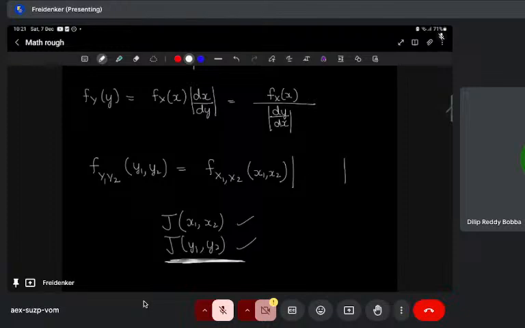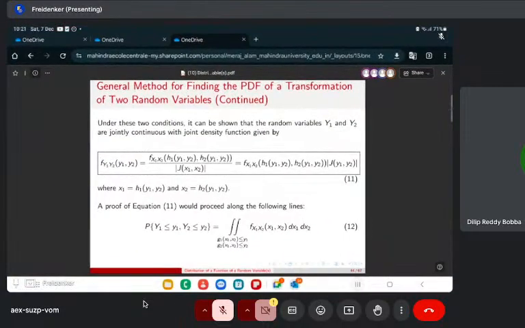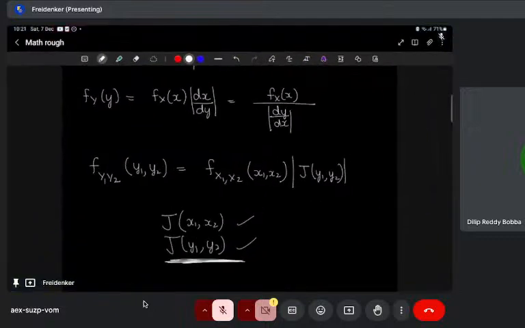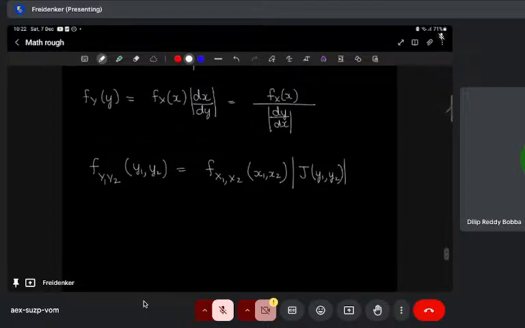So here you will get Jacobian y1 y2. Let me just verify. Yes, fine, I'm right. So this is the two-dimensional case. I just took inspiration from the one-dimensional case.